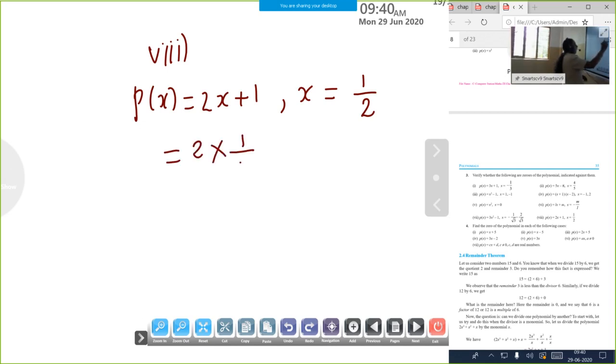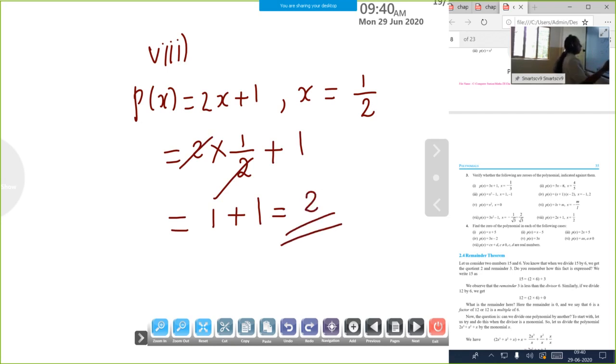Equals 2 into 1 by 2 plus 1. We can cancel these 2's. Again 1 plus 1. What is 1 plus 1? It is 2 only, not 0. So here we get the answer 2, not 0. So we can write 1 by 2 is not a 0 of the polynomial.